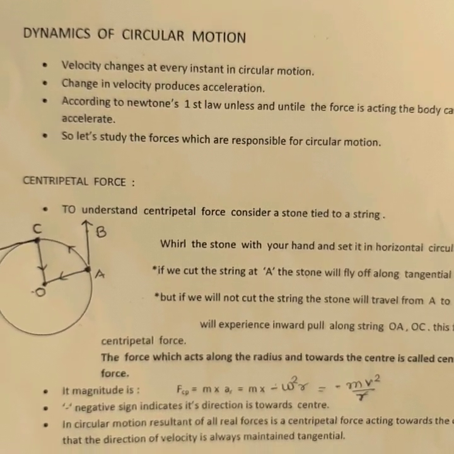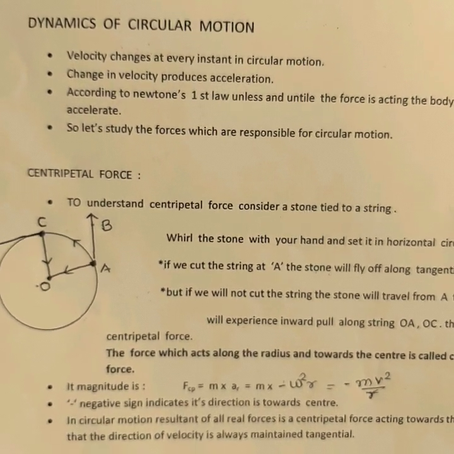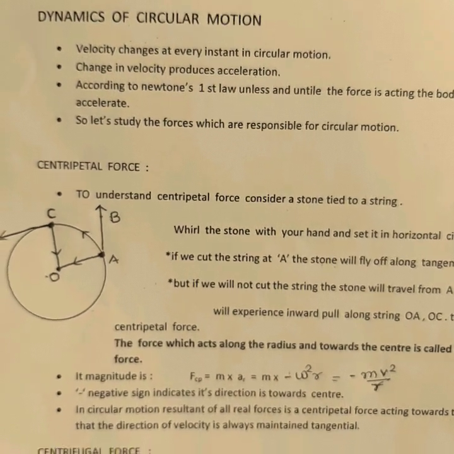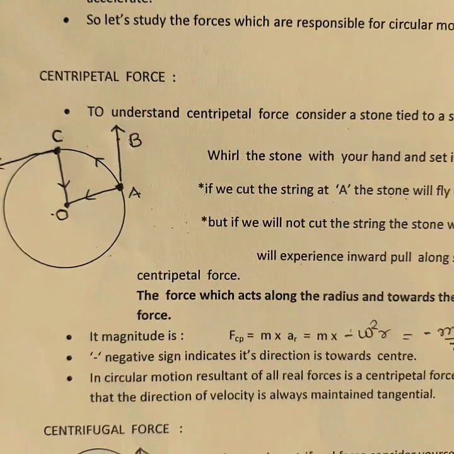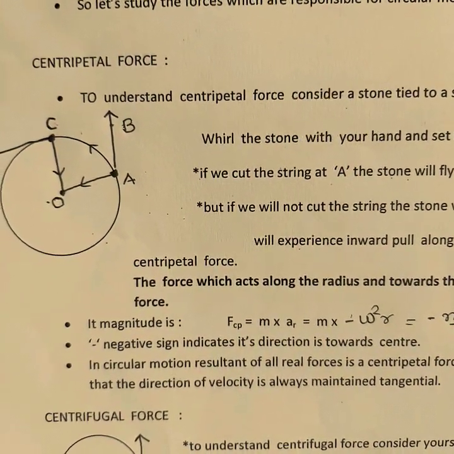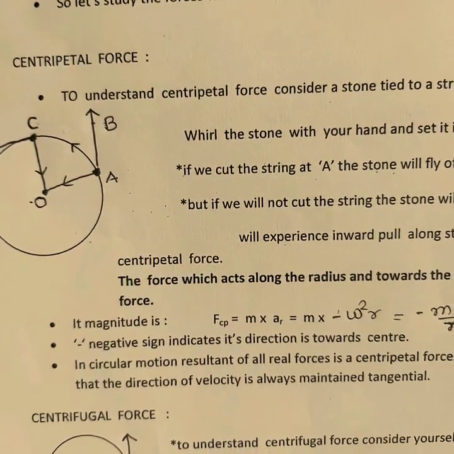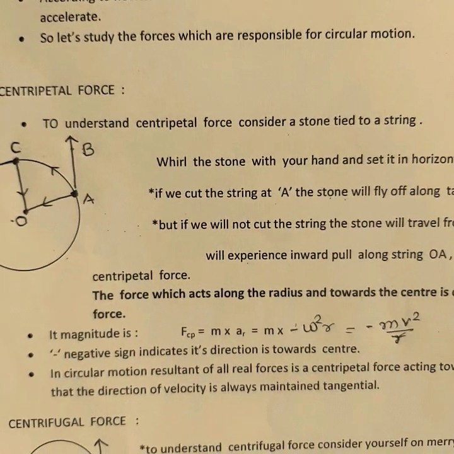So let us study the forces which are responsible for circular motion. One of them is centripetal force. Now centri means towards the center, and centripetal means seeking the center, that is centripetal force.